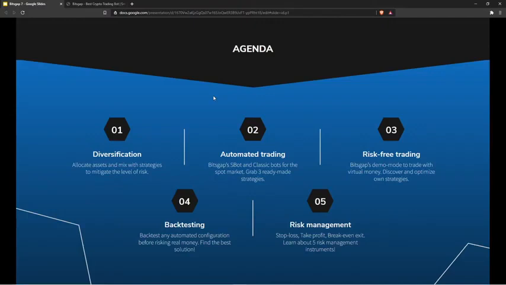to minimize losses. We will cover the backtesting tool, which is basically an instrument to stress test strategies, various configurations before actually executing bots, before actually risking any real money.